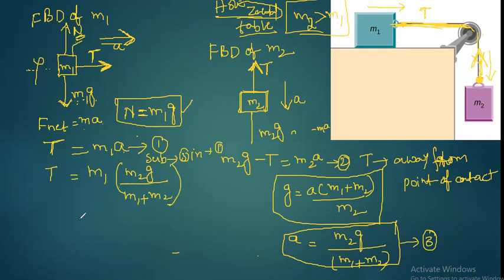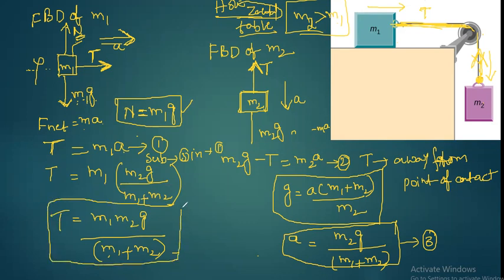What do we get? T is equal to M1M2G divided by M1 plus M2. This is our tension in the horizontal table when M2 is greater than M1. This is our acceleration, A equals M2G by M1 plus M2.